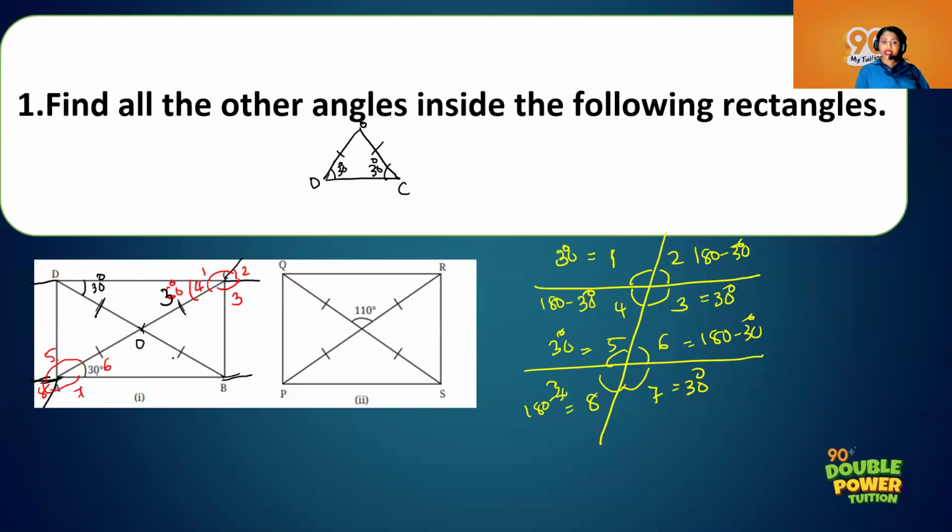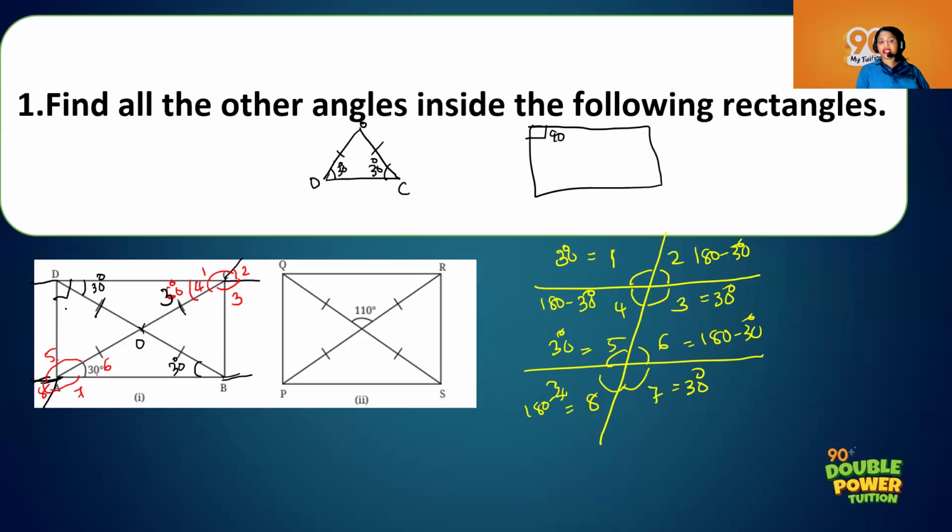Similarly, considering the triangle AOB, this will also be 30 degrees since it is an isosceles triangle. The entire figure is a rectangle, so each angle is 90 degrees, right?